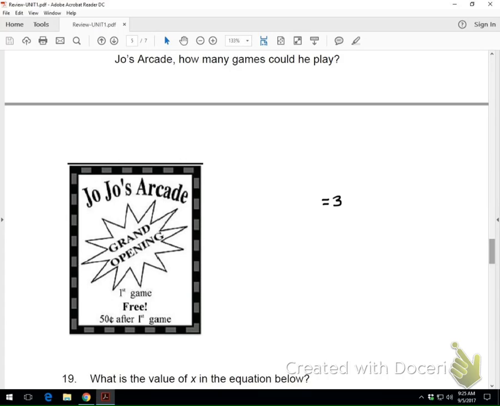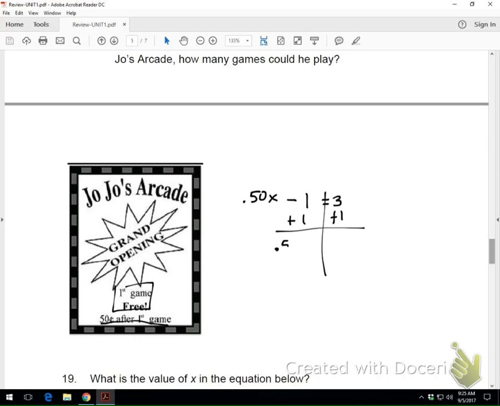Okay, so if you look at JoJo's Arcade, it says first game free. 50 cents after the first game. So it's .50 per game. Right? But then the first game's free, so am I going to put +1 or -1? -1, perfect. Then, add 1.